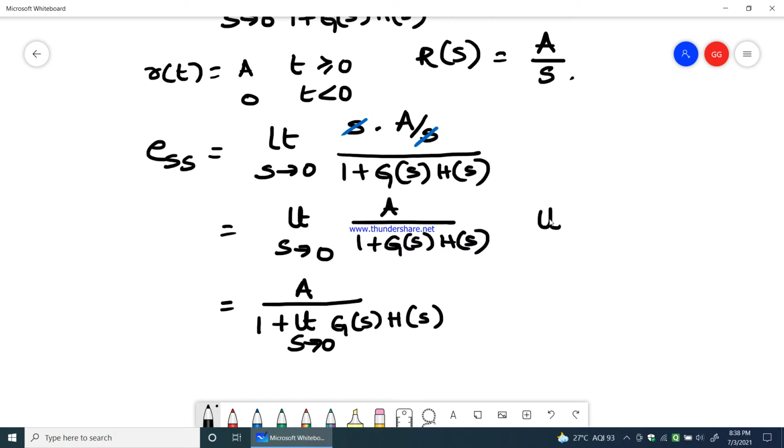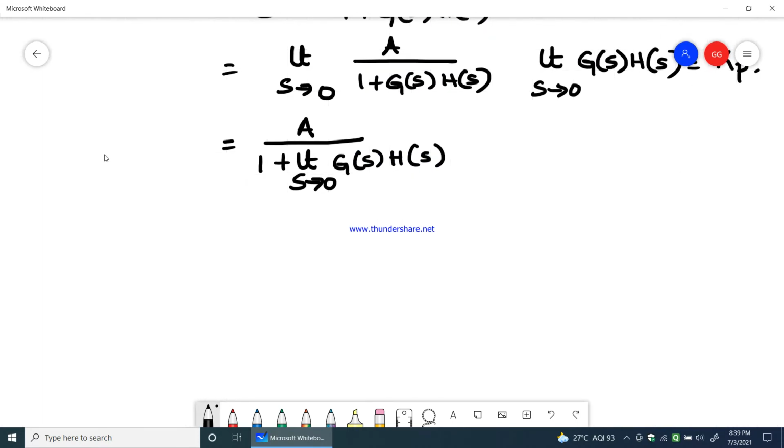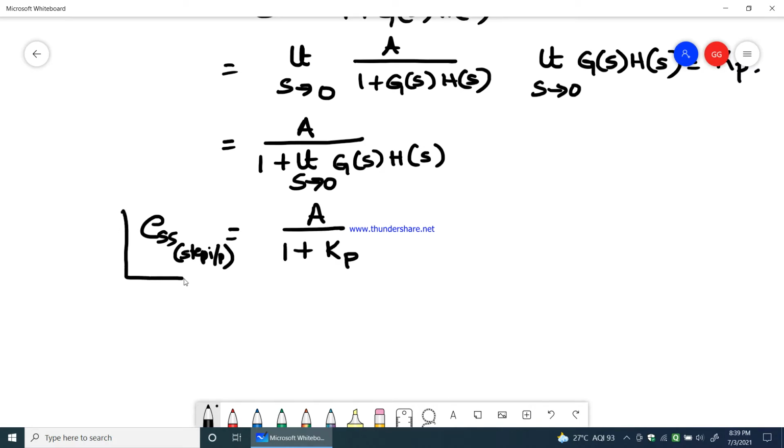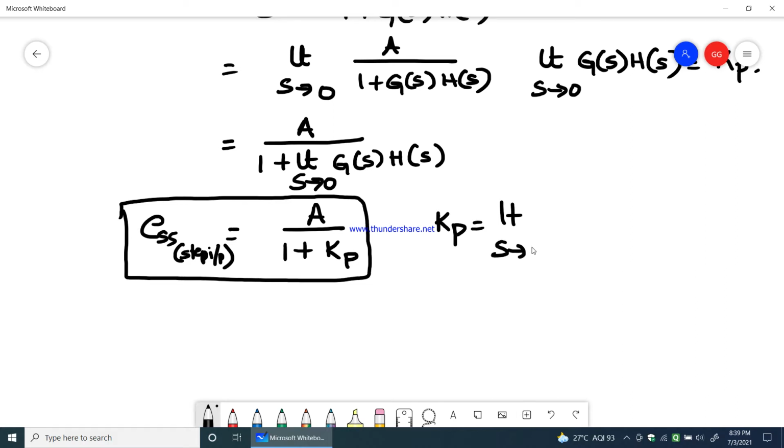This limit s tends to 0 of G of s into H of s, in the denominator, we call it Kp. Therefore, ESS, the steady state error for step input, equals A divided by 1 plus Kp, where Kp equals limit s tends to 0 of G of s into H of s.